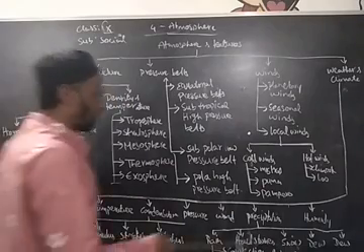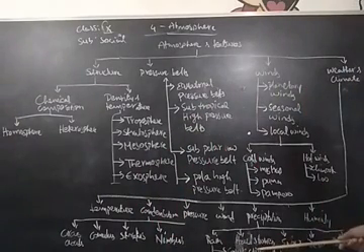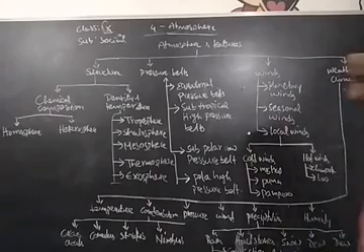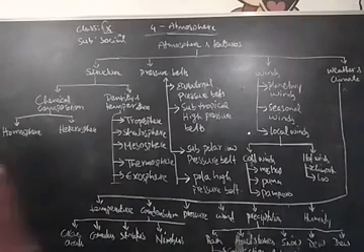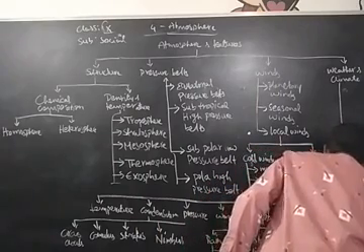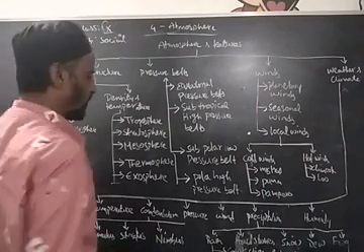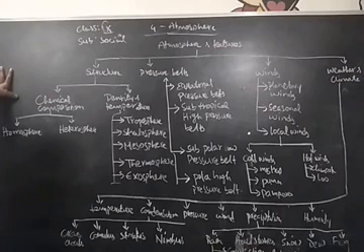And precipitation depends on rain, hailstones, snow, dew and fog. Now if we talk about rains, they are of 3 types: conventional rains, orographic rains and cyclonic rain.